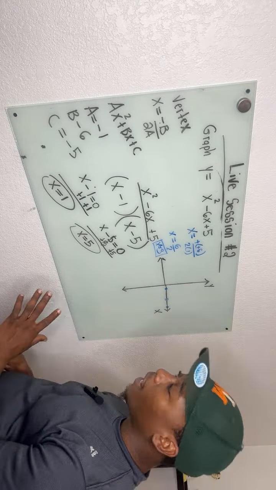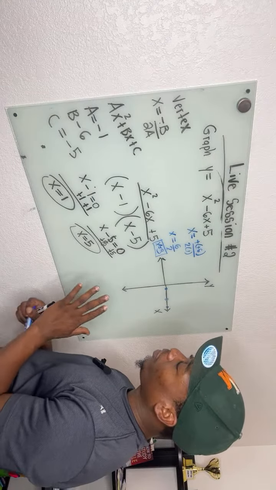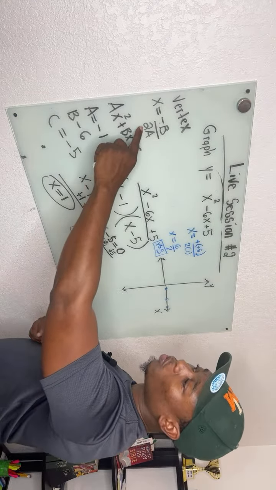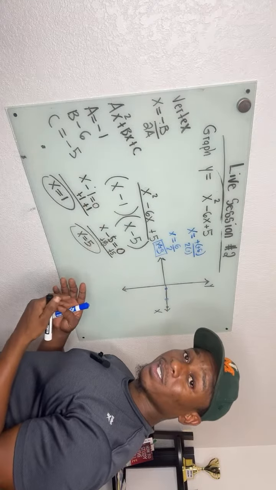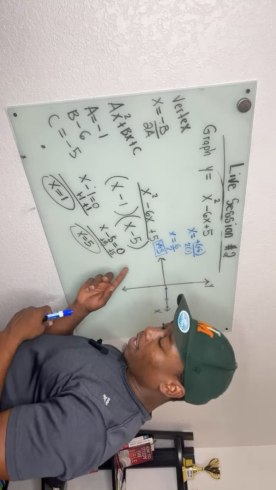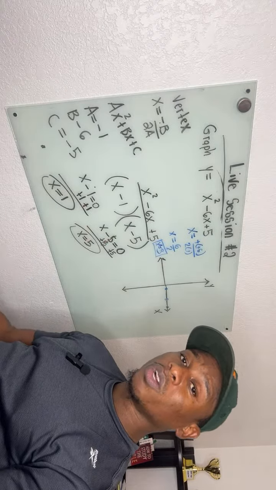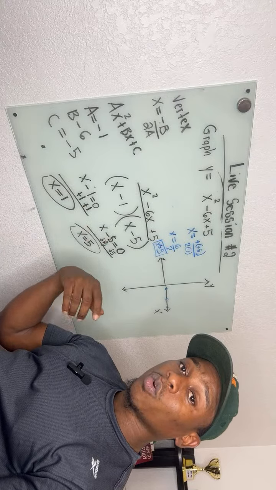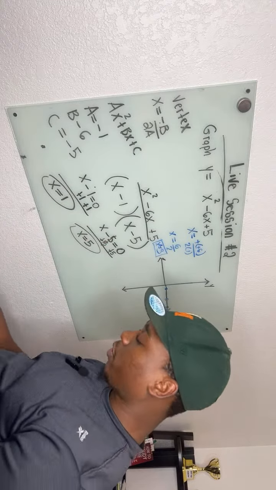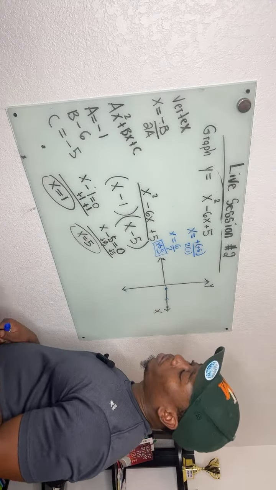After we use the formula and get what x is, we now have to take that x and plug it into the quadratic equation. Once we do that, we'll be able to get the y point for the vertex.